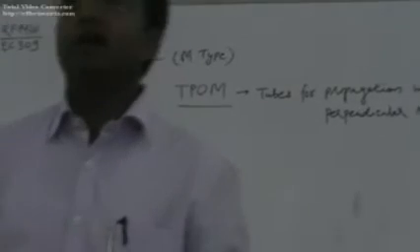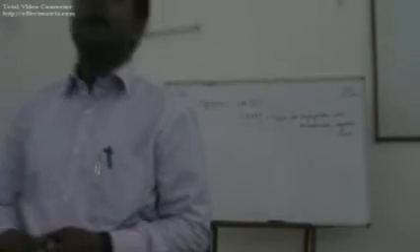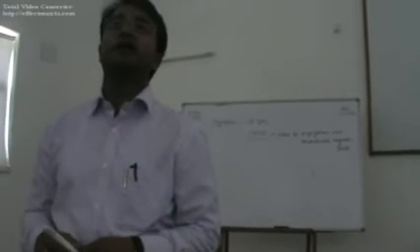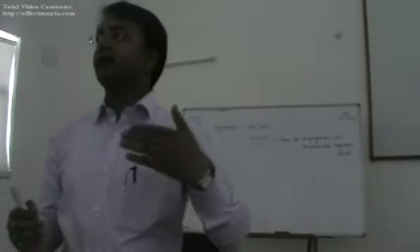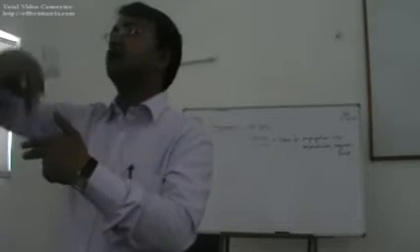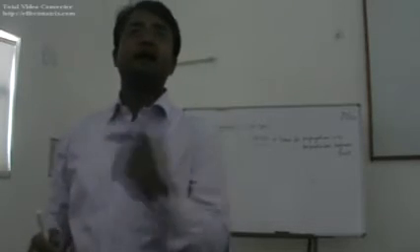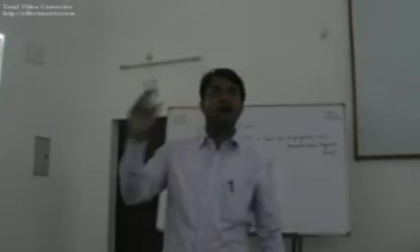Tubes which are used for propagation and have the perpendicular magnetic field are also called cross field devices. Cross fields because there is an electric field, and perpendicular to this there is a magnetic field in the electron beam that will change the electron trajectory.